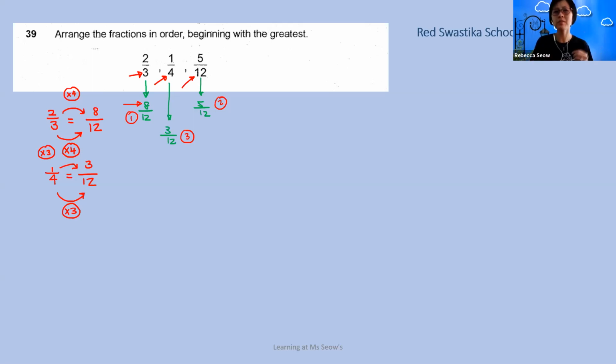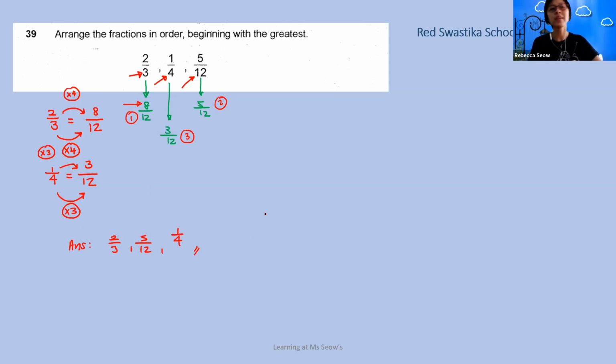But when you come to the ordering and presenting your answer, always go back to the original fractions given to you. So instead of putting down 8/12 as the first answer, you have to write down 2/3, followed by 5/12, and ending up with 1/4. So this will be the answer.